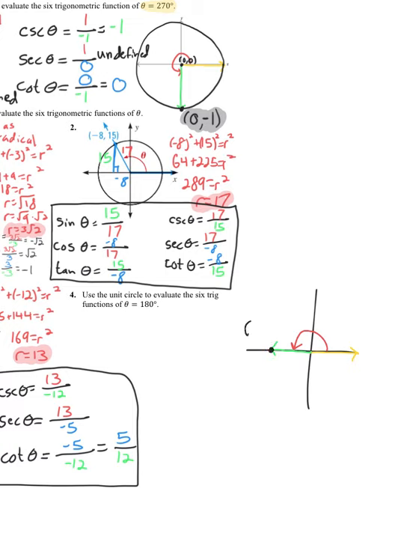And that point is negative 1 on the x-axis and 0 on the y-axis. So being able to draw the picture and come up with the ordered pair is super important for these types of problems. And now we can go ahead and try and set up our trig ratios.